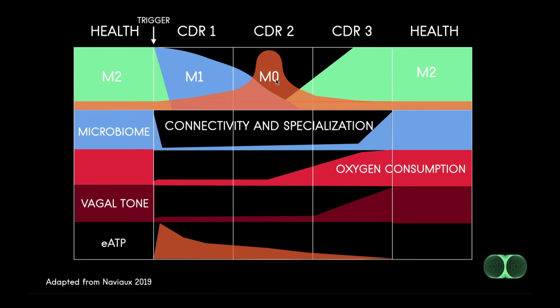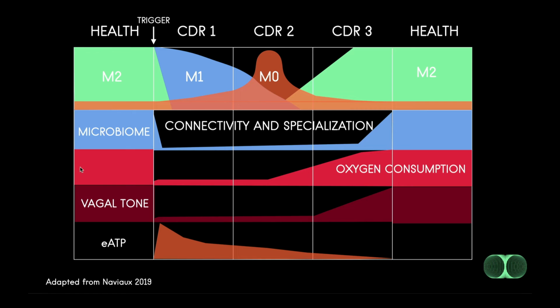Then M0 is your naive cells. They're the stem cells that are coming out to replace the biomass. It's also the type of cell we use when we're growing, as an infant or a child, when we're growing new tissue, and then finally we become back to that healthy mode.